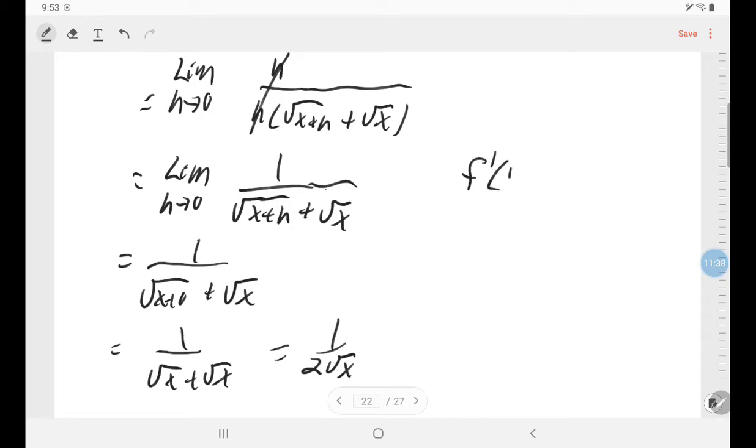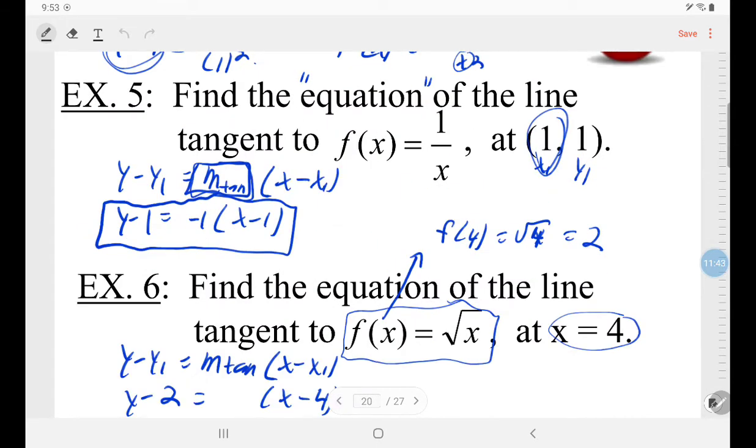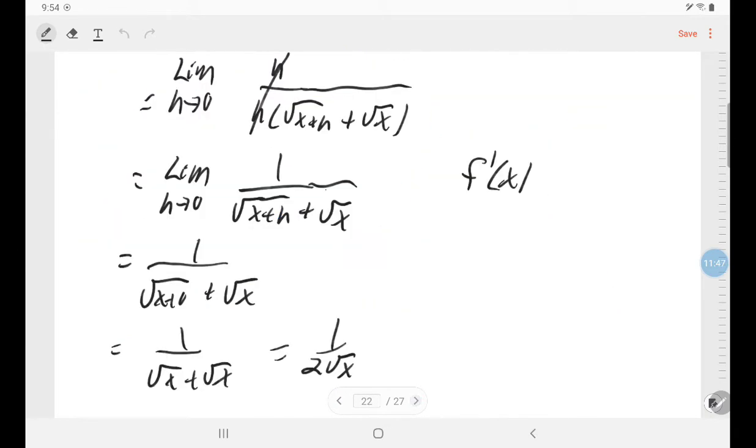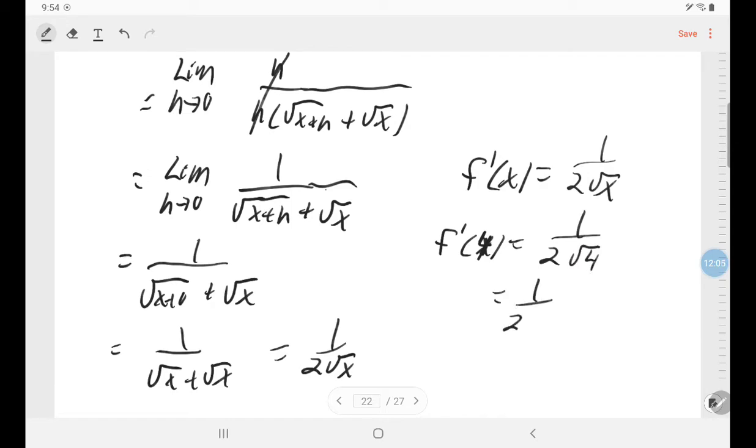Now, the function was f, and we're going to look to find the value at 4. So if f prime of x is 1 over 2 root x, then our tangent slope at 4 is 1 over 2 times 2, or 1/4.